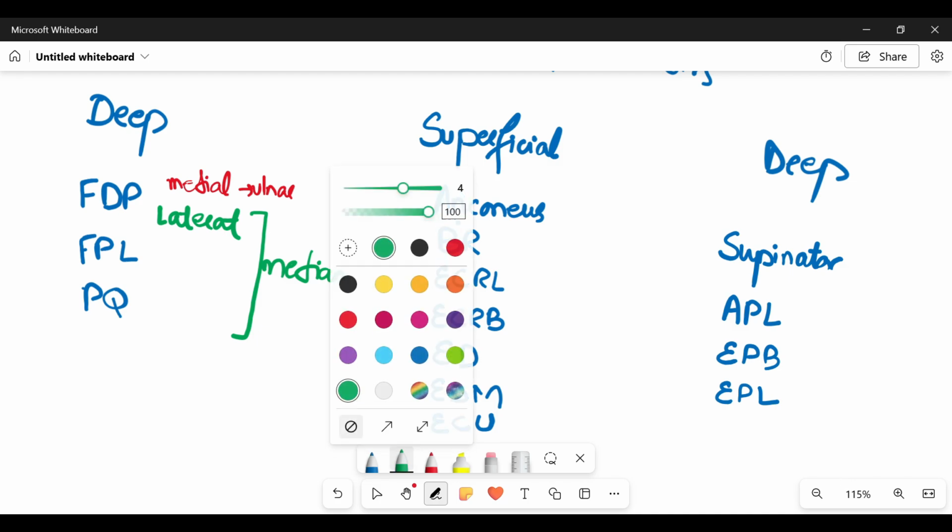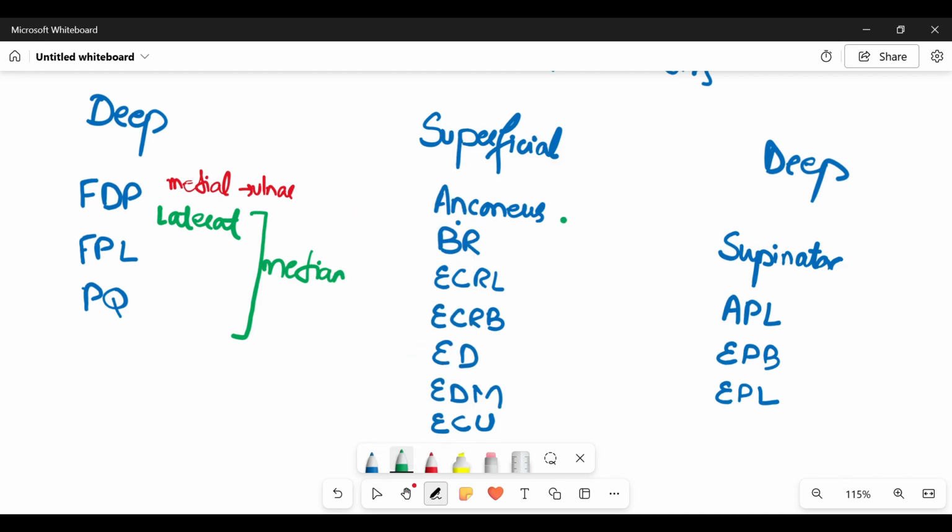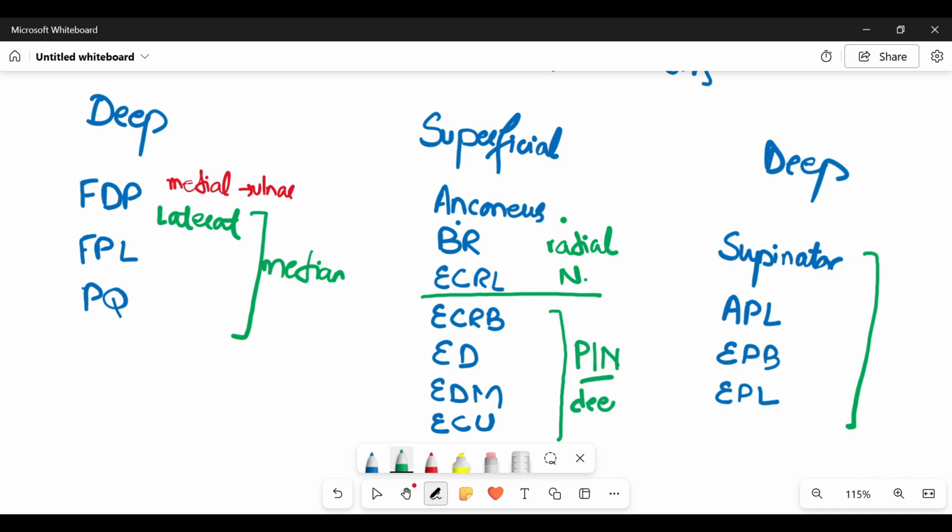Among these, the first three muscles, anconeus, brachioradialis, and extensor carpi radialis longus, are supplied by the radial nerve itself, whereas the rest of these muscles, extensor carpi radialis brevis, extensor digitorum, extensor digiti minimi, extensor carpi ulnaris, and all these deep muscles are supplied by the posterior interosseous nerve, which is one of the deep branches of the radial nerve.